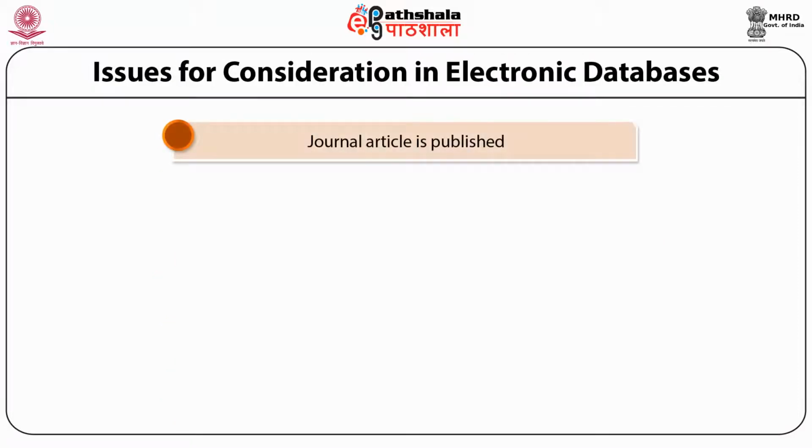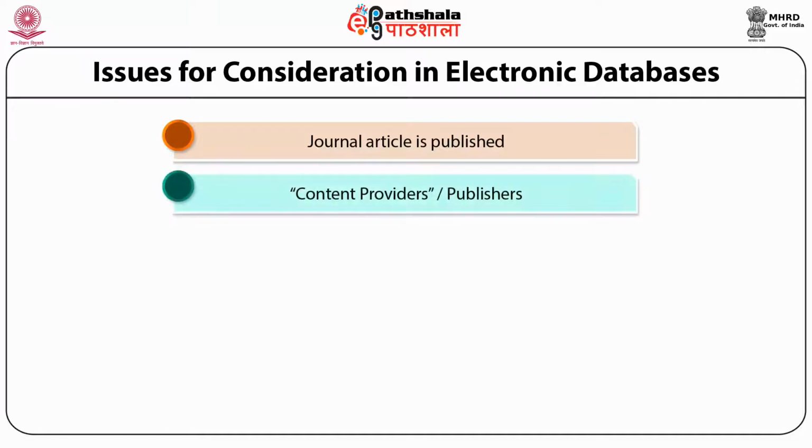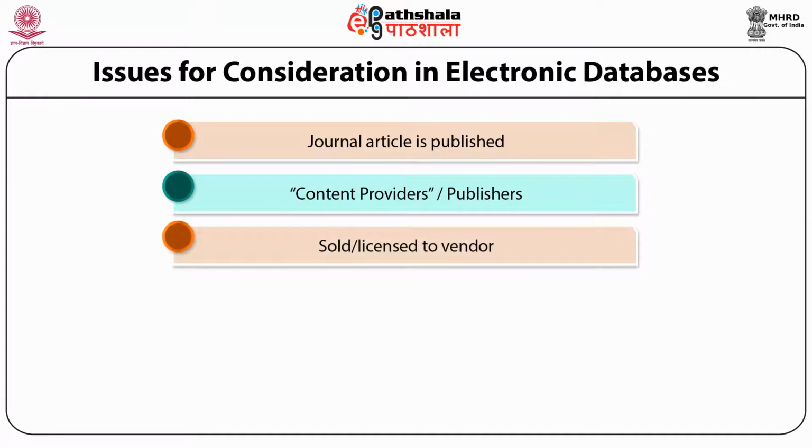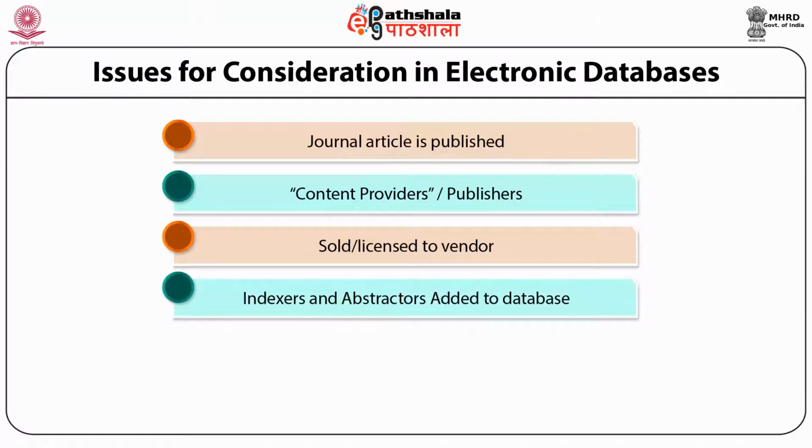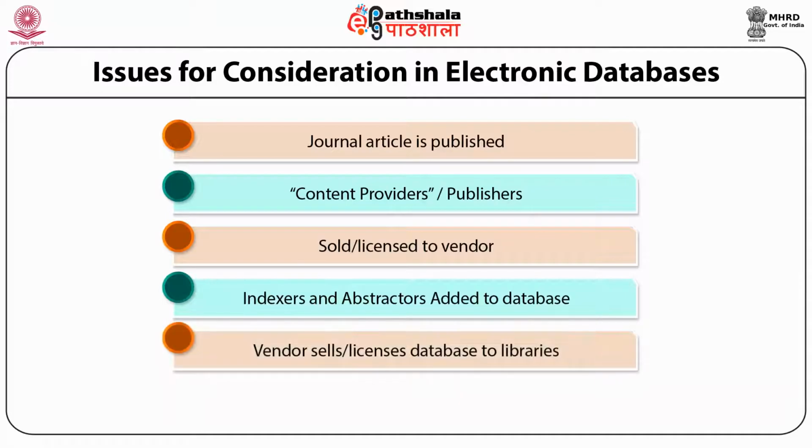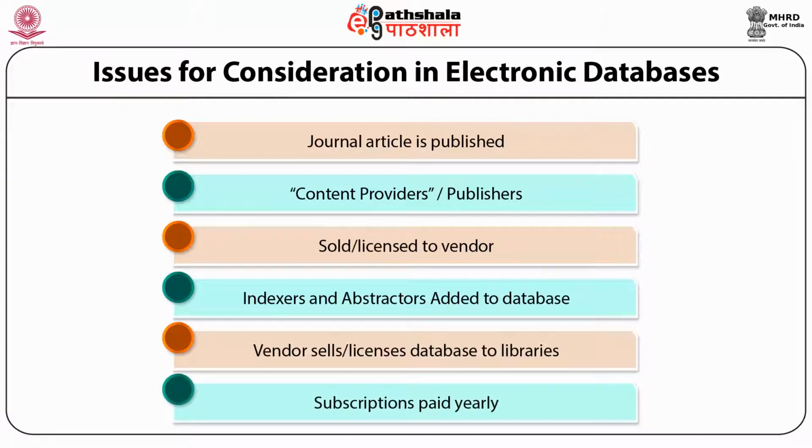Journal articles are published by content providers and publishers, sold, licensed to vendors. Similarly, indexes and abstracts are added to databases, and vendors sell licenses for databases to libraries, and subscriptions are paid yearly.